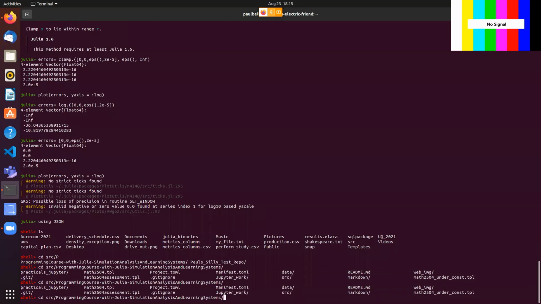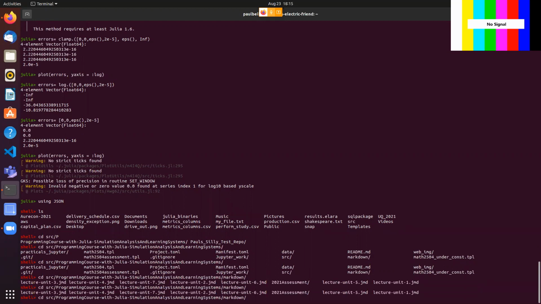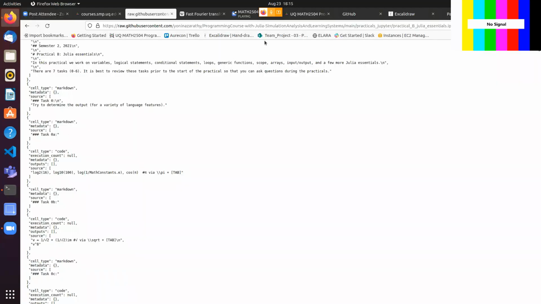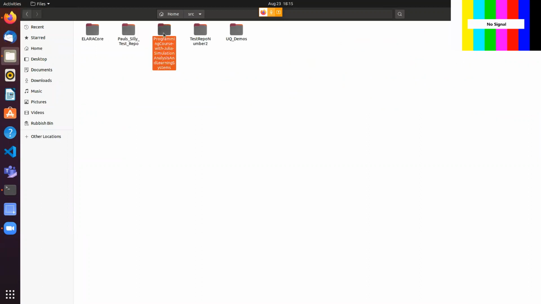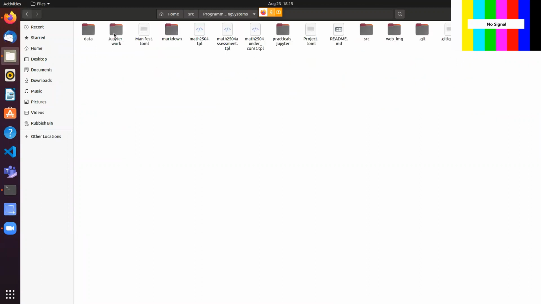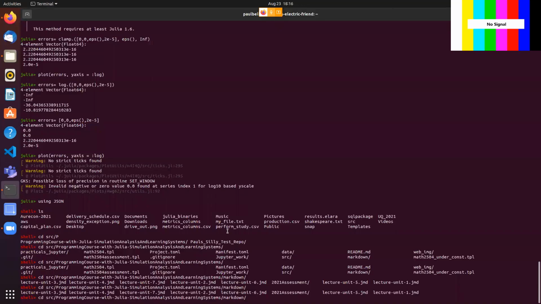We got markdown. So where are we getting this from? This was practicals. So we've got to navigate to wherever that is. Programming course with Julia, practicals, Jupyter. Okay, so let's get this out.